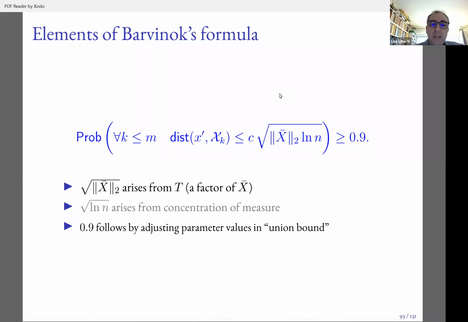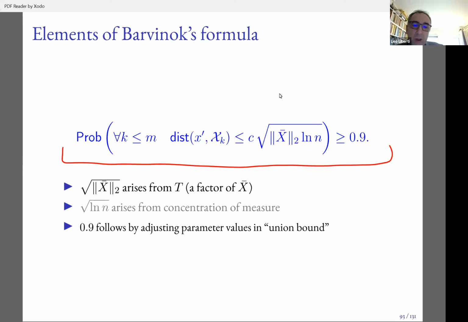So the formula itself is complicated to parse, okay? But I'm going to try and give you the origin of each of the terms. Okay, well, the distance, so you can understand the distance, this would be the Euclidean distance, so the projection of X prime over the manifold, okay? So the projection, the segment between X prime and the projection of X prime over this manifold.